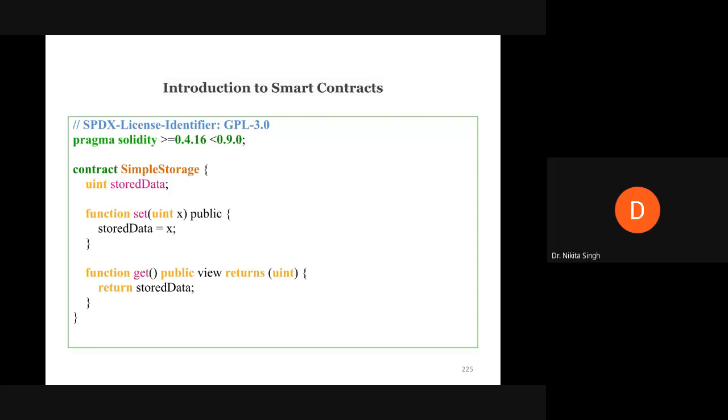So the first line tells you that the source code is licensed and the license version. The next line specifies that the source code is written for Solidity version 0.4.16 or a newer version of the language up to but not including version 0.9.0.